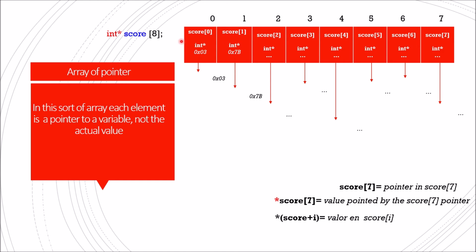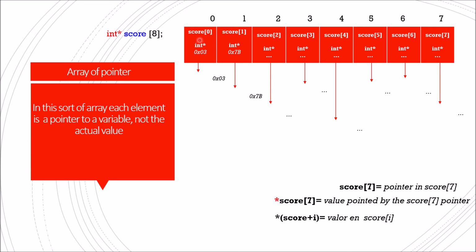However, in this one, which is an array of 8 elements, the data type contained in this array is not actually integer, but a pointer. So what does that mean? It means that in every position it does not have the actual value, but it has a pointer to that value.